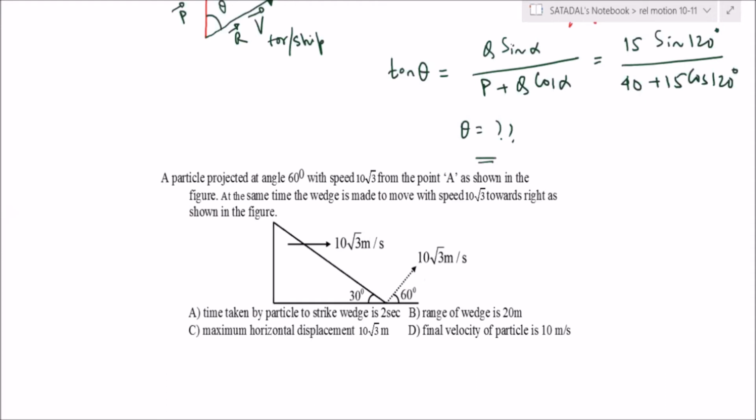Yes, Rahul? For me, time is coming 4 seconds. And 2 seconds only, no? 2u perpendicular by g cos 30 degrees.